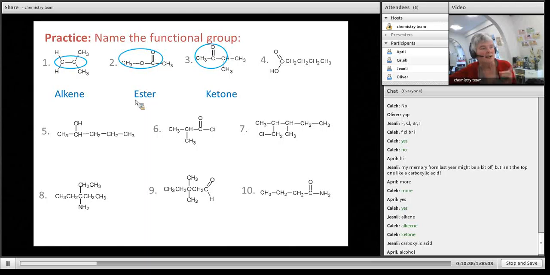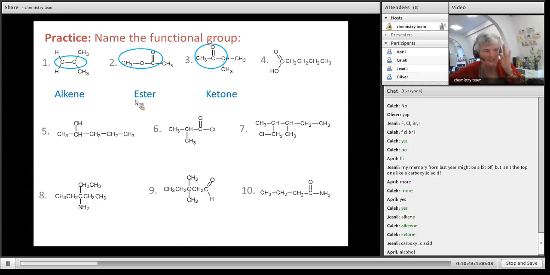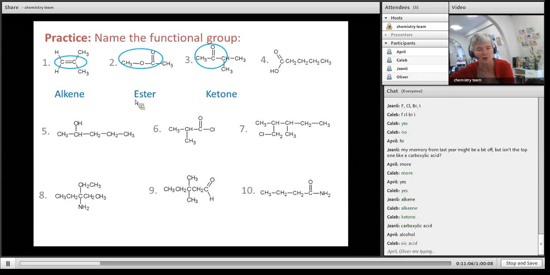Okay, April, I'm glad you've done that because it depends on what you focus on. Like some people just seem to focus on that OH and then they think alcohol because it's got an OH. But with an alcohol, the OH is bonded to a carbon that's only bonded to other carbons and hydrogens. If it's bonded to a carbonyl carbon, it's a carboxylic acid. So they're similar, but they actually do have different properties.